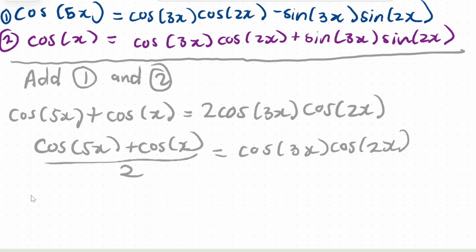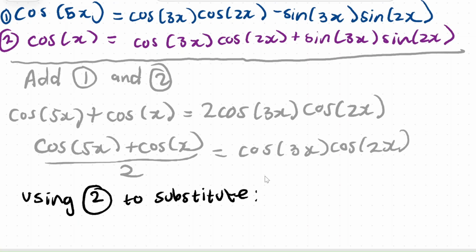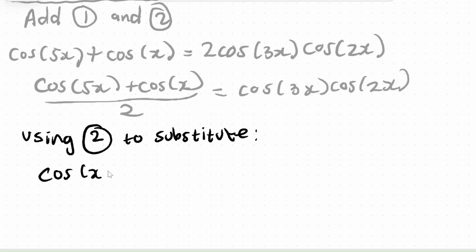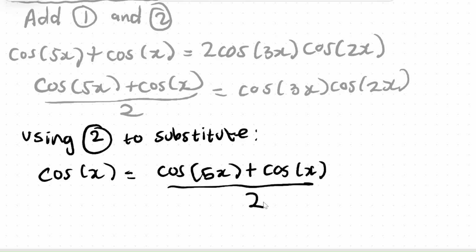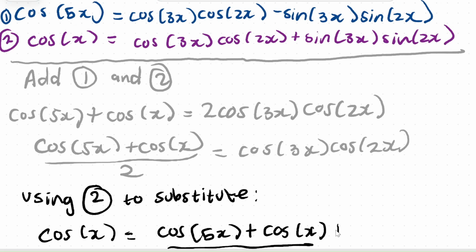This is going to give us, using number 2, cos of x is equal to cos 5x plus cos of x divided by 2 plus sine 3 of x multiplied by sine 2 of x.